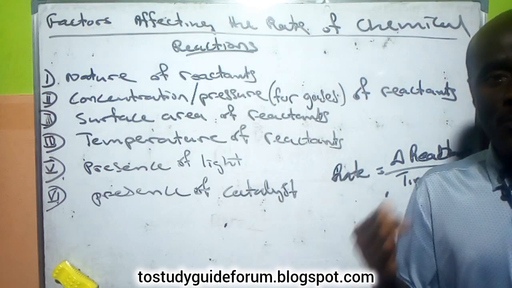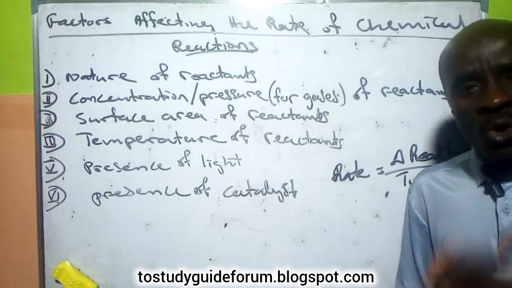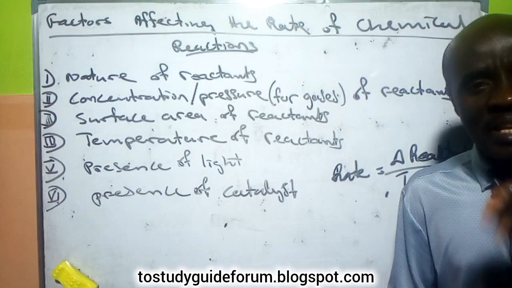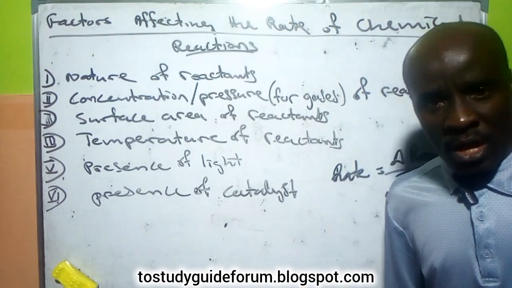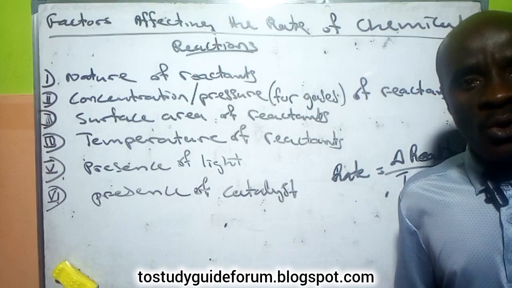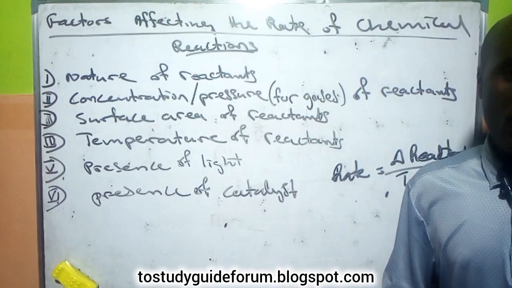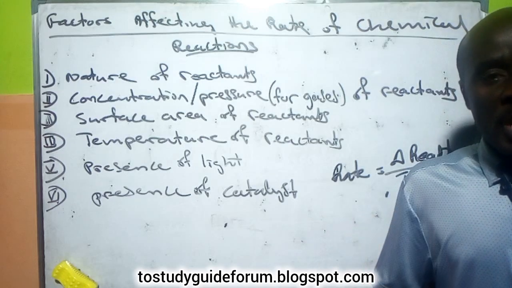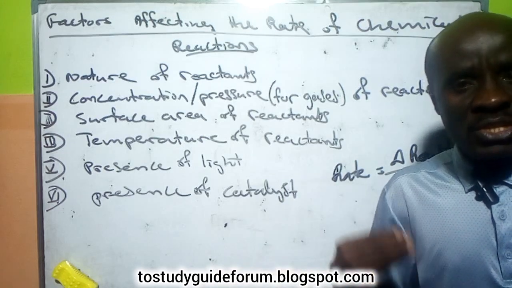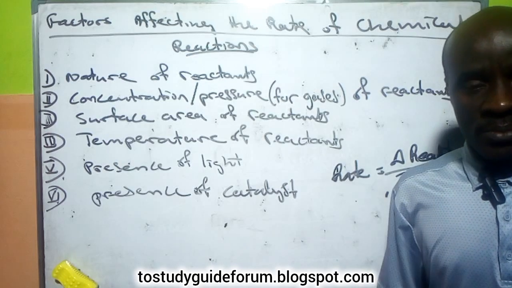They are colliding with each other continuously, and only the collision that has enough energy to form a product can take part in the chemical reaction. And those that have enough energy form what we call the products.